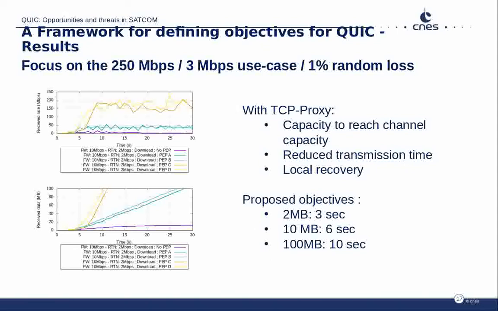Because of the 1% loss, the end-to-end flow cannot use the capacity at all, and we have the same limitation for PEP A and PEP B, which cannot grab more than 40 megabits per second. This illustrates that local recovery of packets helps, and actually reduces the transmission time. But in this case, we also need to increase the buffer sizes to actually reach the available capacity of the network.